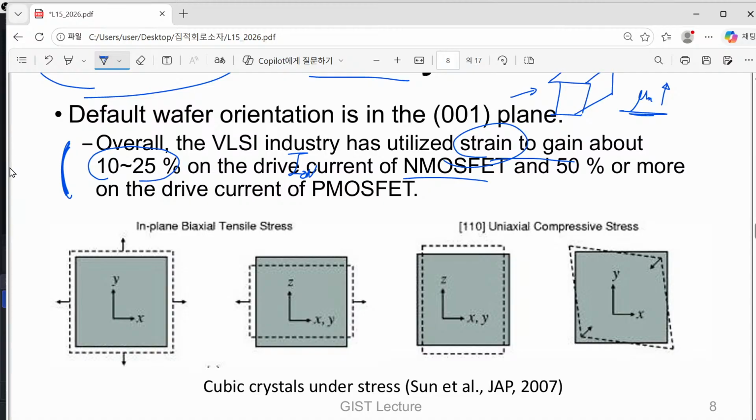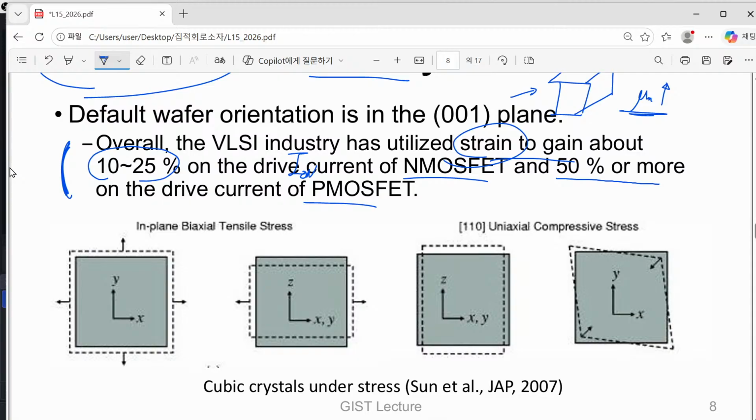Even 50% or more for the ion of PMOSFET. So that is the real situation. It means that although we are talking about the silicon MOSFET, the silicon we are currently using in mass production is not just normal silicon. It is intentionally engineered silicon.